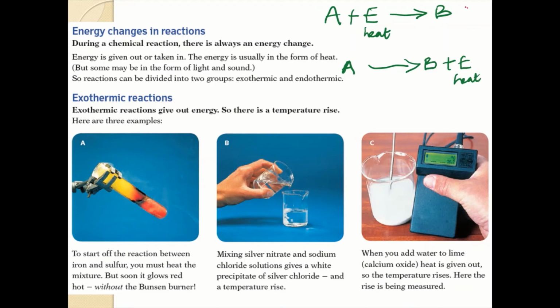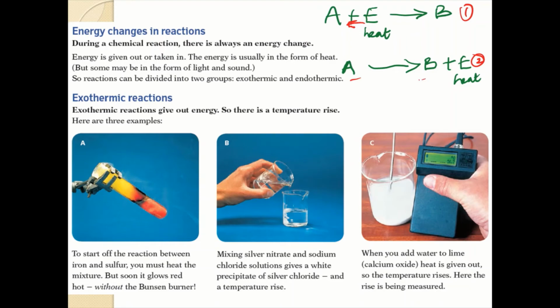Here in one, A takes in heat energy and is converted to B, but in reaction 2, the change from A to B is almost automatic, and so when that change takes place, heat energy is released.